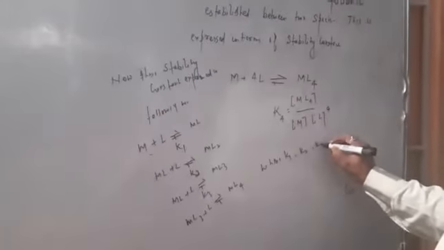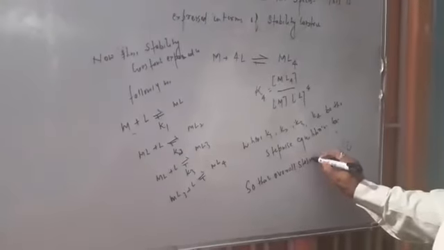Here K1, K2, K3 and K4 are the stepwise equilibrium constants. The overall stability constant is expressed as beta 4, equal to the concentration of ML4 upon M into L to the power 4.